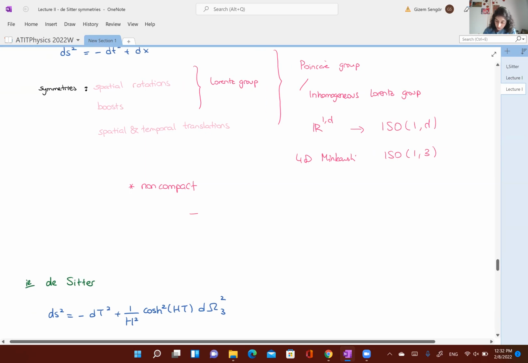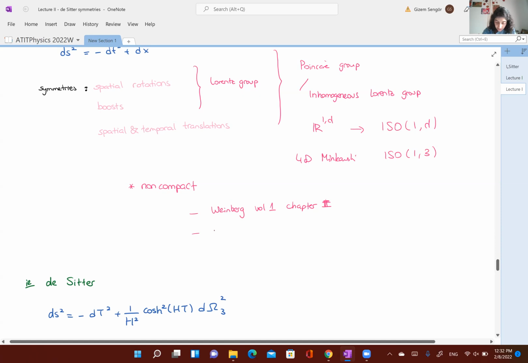And actually, if you want references, Weinberg's book, The Quantum Theory of Fields, Volume 1, Chapter 2. It will take you maybe a month or two to understand, but it's a good reference.